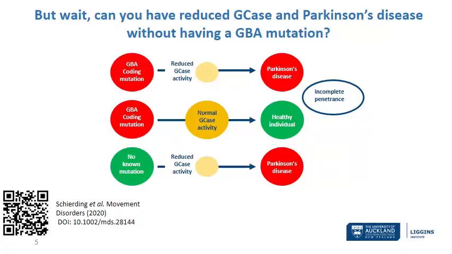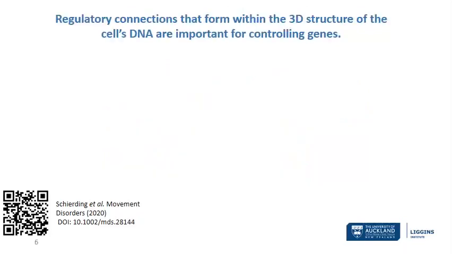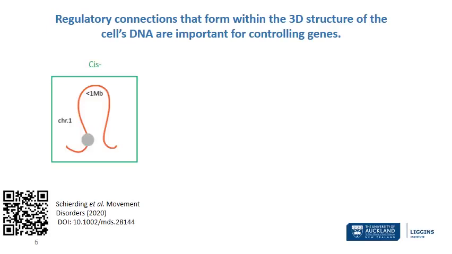And the way that we looked for the modifiers was quite simple. Our hypothesis was that the GBA gene itself contains switches that control other genes which can modify the onset of Parkinson's disease. And they do that because the regulatory connections that form within the three-dimensional structure of a cell's DNA are important for controlling genes. So a region of DNA can actually act as both a gene and a switch for another gene.